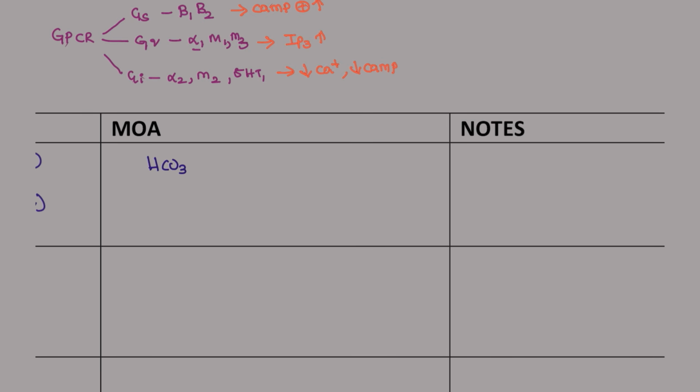So HCO3 and H2O and the different elements that contribute to the hydrogen secretion will be decreased. So that means the drug is causing more and more acidosis, right?